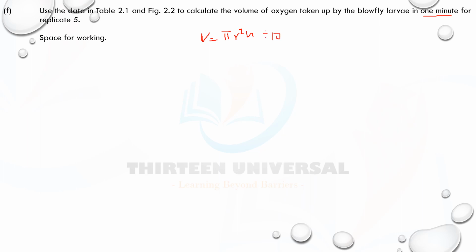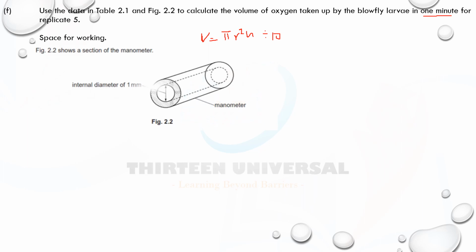Let's see what more information they gave us. Fig 2.2 shows a section of the manometer. This is the internal diameter, which is 1.